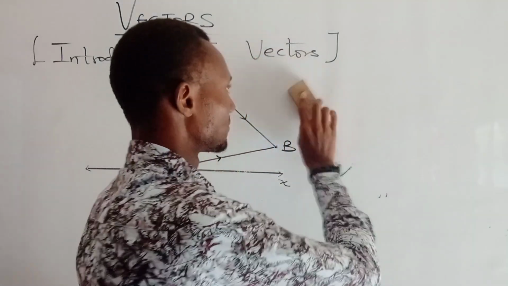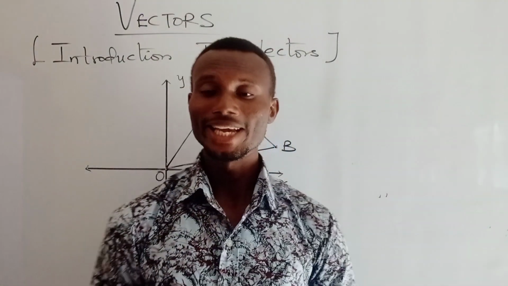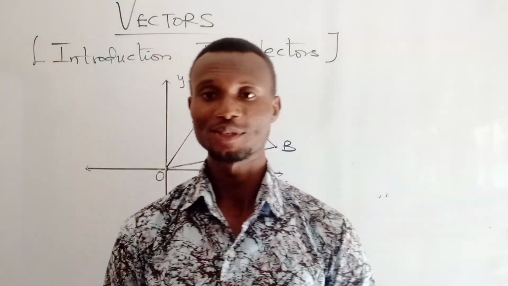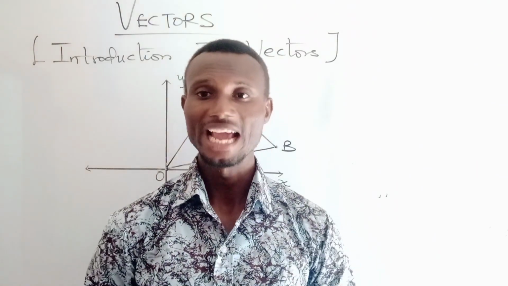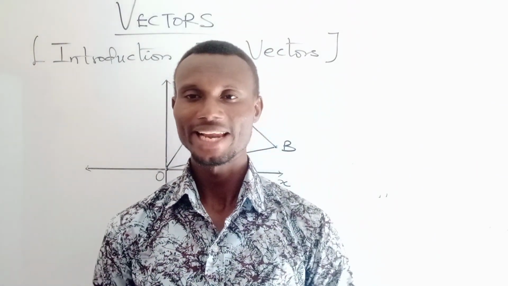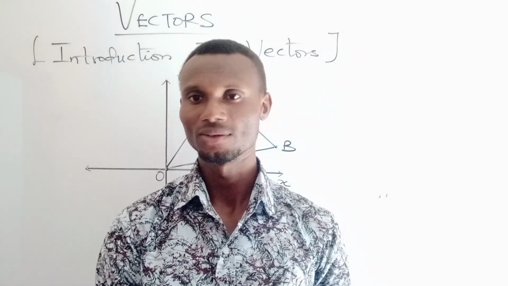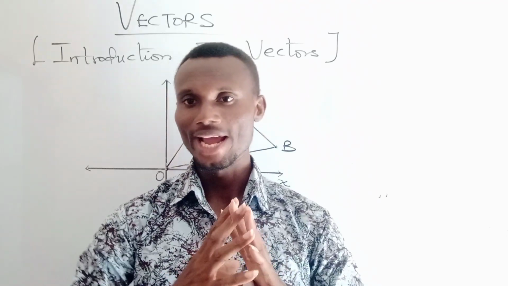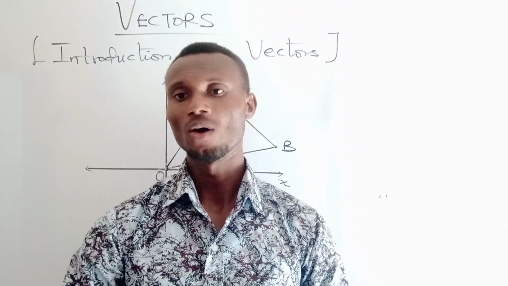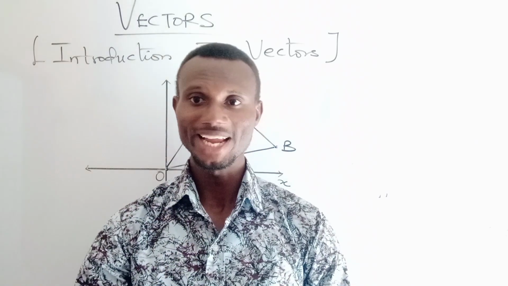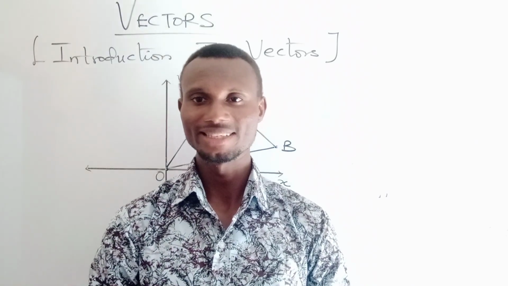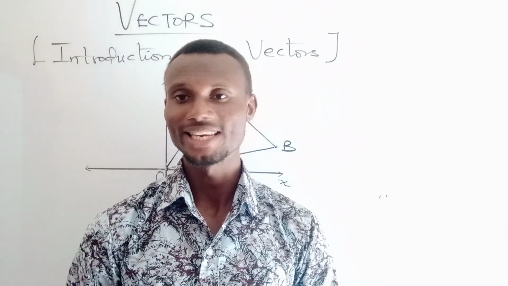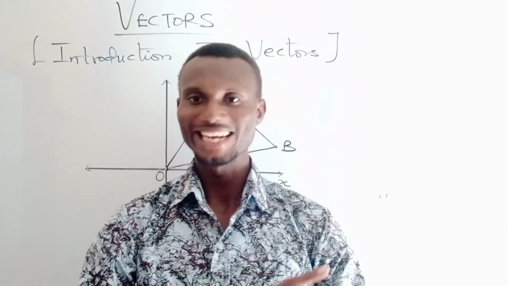So now, in geometric terms, we can say that a vector is a directed line segment. So it means that we can illustrate a vector on the Cartesian plane. When I say the Cartesian plane, I just mean the y-axis and the s-axis.